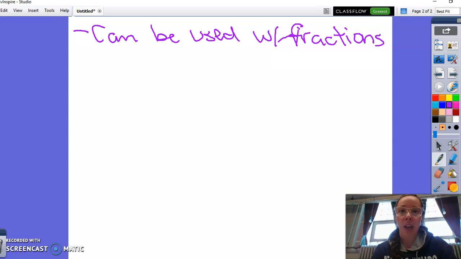And then once we have our line plot built, we are able to use that line plot to collect other information and figure out more things about the data that were provided. So a lot of times you'll see this data come in the form of a question, and then you build the line plot from there, and then you look for other information.